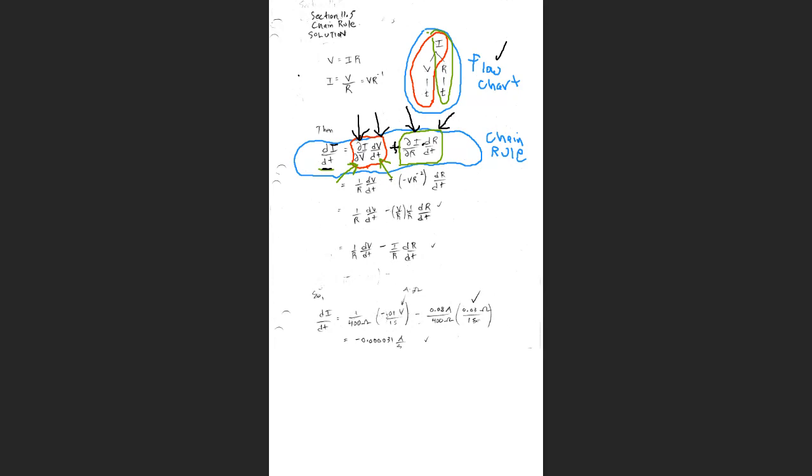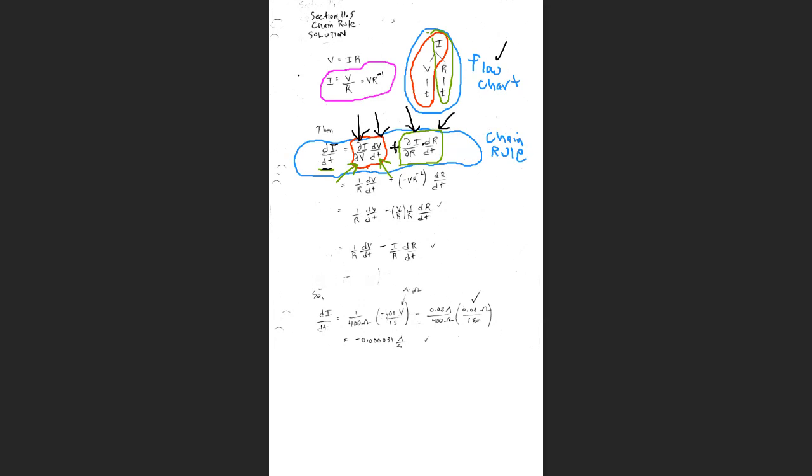Now, we understand that the current is equal to voltage times resistance to the negative first power, right?